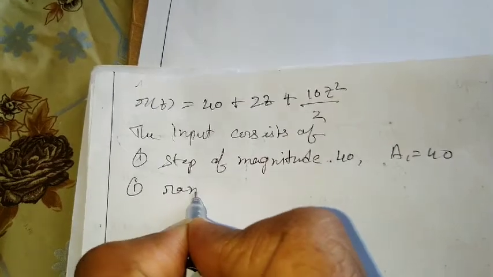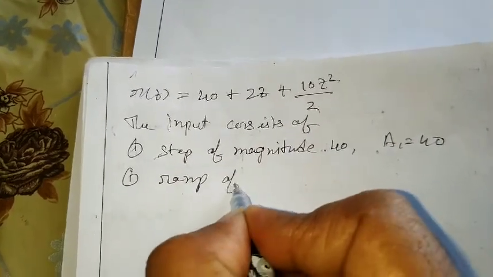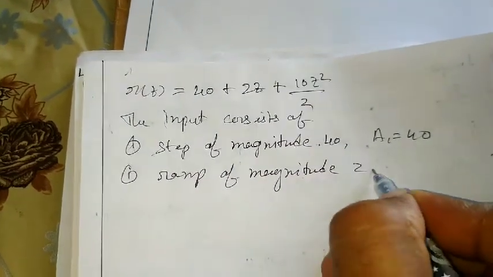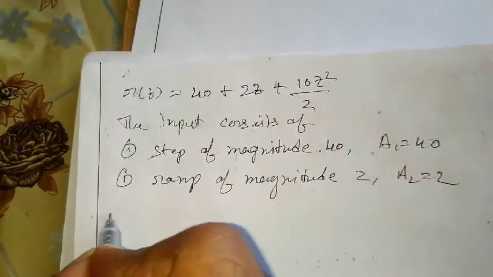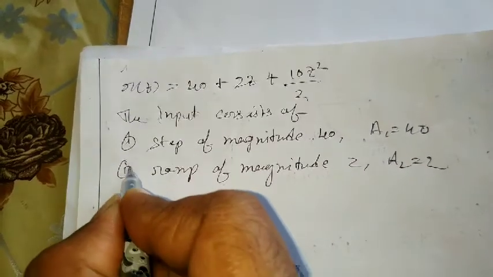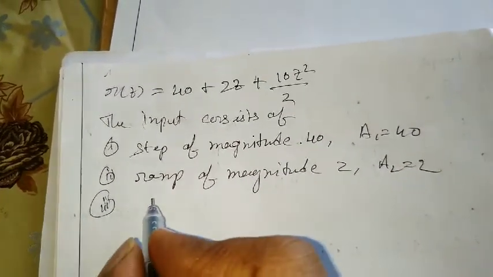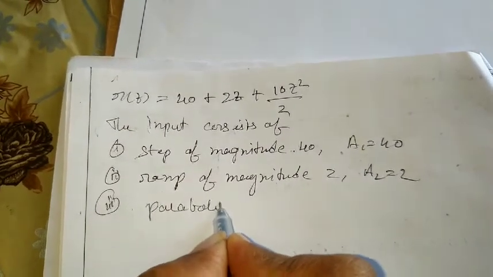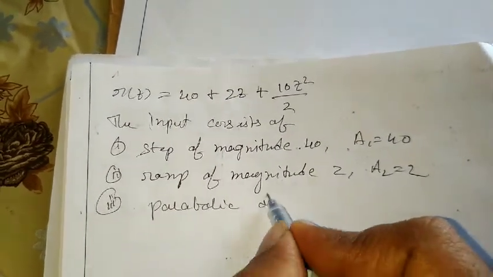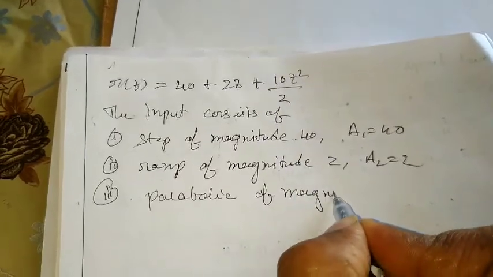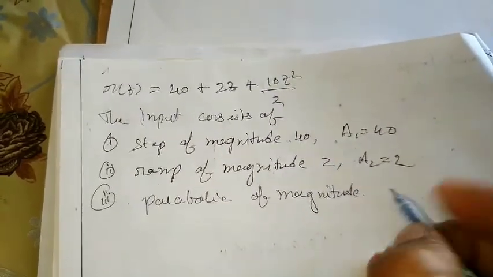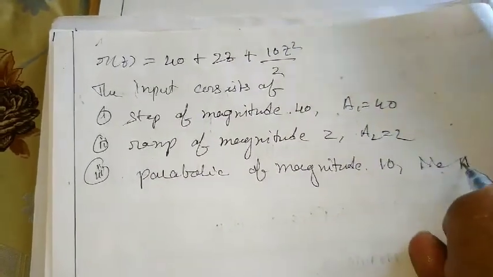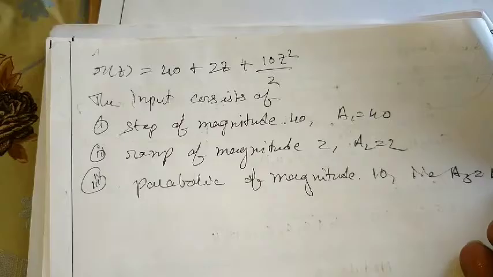Next, a ramp of magnitude 2, so A2 is equal to 2. And third one, parabolic input of magnitude 10, so A3 equals 10.